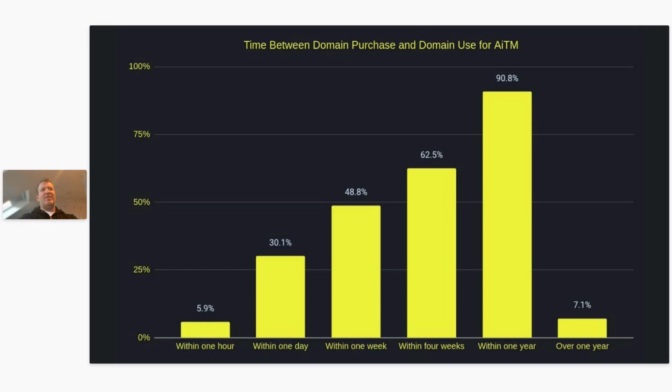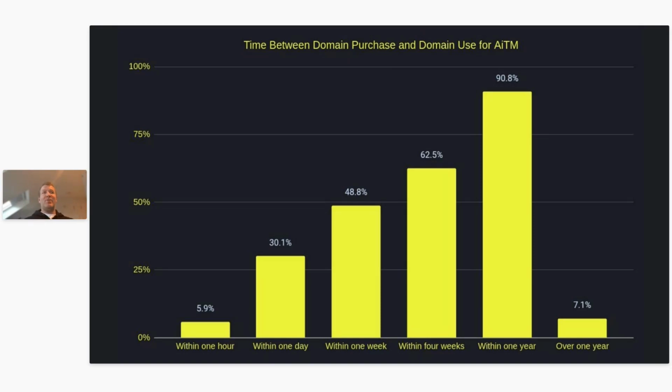So yeah, domain purchase to deployment, typically within 4 weeks, maybe a few more days before the campaign was executed. It all kind of depended, but we were expecting more to be seen within days, which wasn't the case.